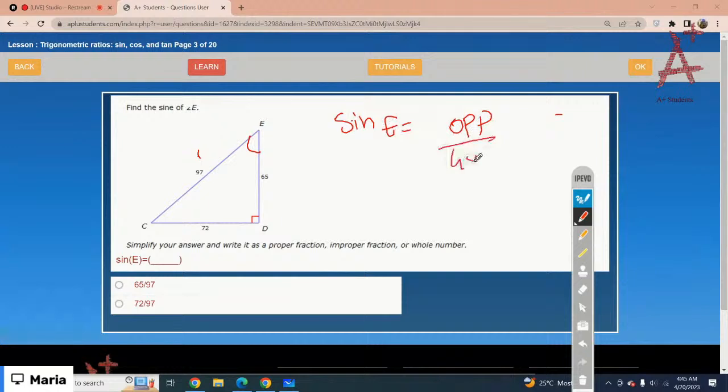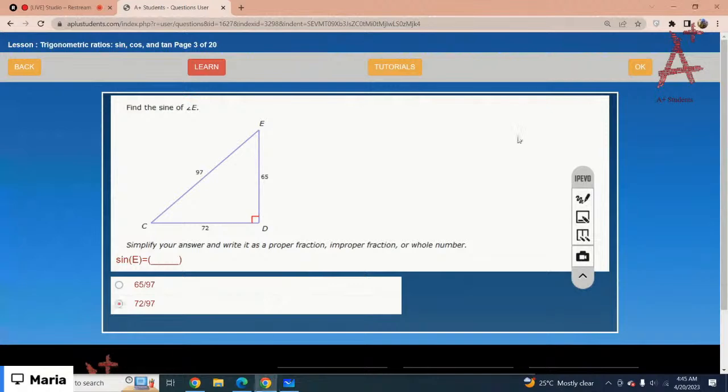From angle E, opposite would be 72 and hypotenuse is 97. So it would be 72 divided by 97. Option number 2 is the correct option. It would be opposite over hypotenuse, so 72 over 97. The second option is the correct option.